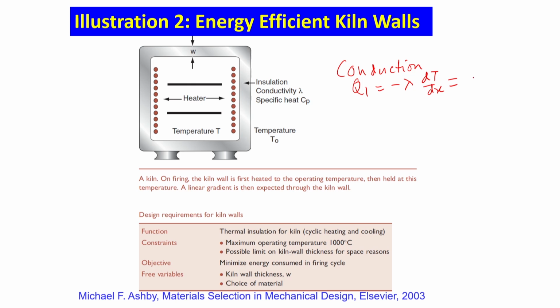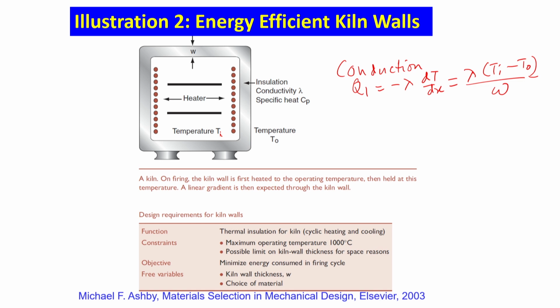This can be written as Q1 equals lambda (Ti minus T naught) divided by W, where T naught is the outer temperature, Ti is the inside temperature, and W is the thickness. This is the heat loss because of heat getting conducted away through the walls of the container.